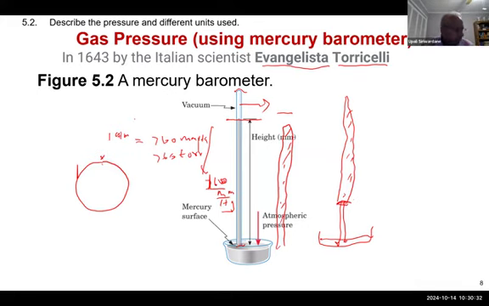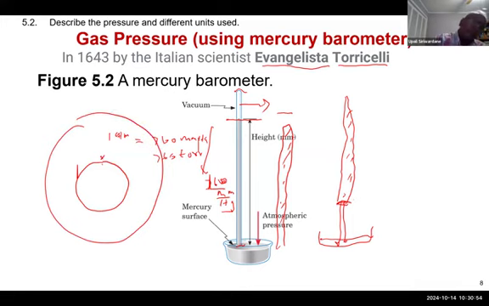Atmospheric pressure is almost close to this 760 millimeter mercury, but it changes depending on the day. Why this is always 760 is because atmospheric pressure depends on the pressure exerted by the gases in the whole atmosphere.